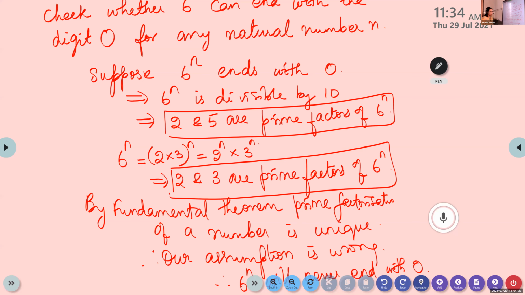So by the fundamental theorem of arithmetic, prime factorization of a number is unique. You should mention this theorem, since we prove it using this theorem. Therefore, our assumption is wrong. Therefore, it will never end with 0.